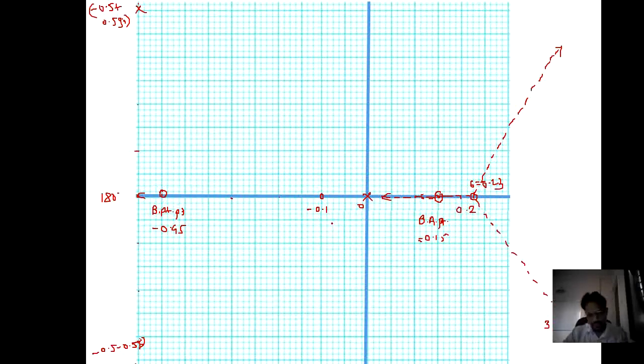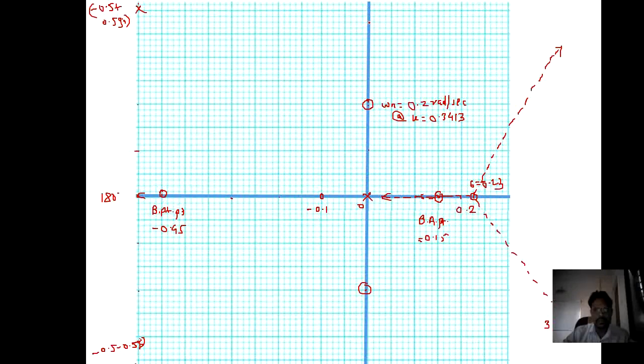The intersection points are plus 0.2i, with omega n equal to 0.2 radian per second at k equal to 0.3413, and the second intersection point is 0.52, with omega n equal to 0.52 at k equal to 0.15.